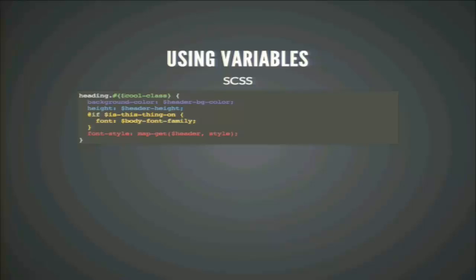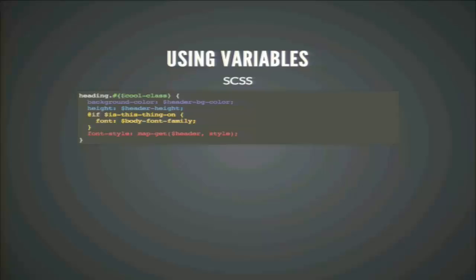But you may want to use it as an actual class name in your selector. So you can use interpolation for that. That's just using the hash and the curly brackets to say, I want to use the literal value and stick it in there. You can also use that for the actual attribute as well. So maybe that pool class is color, so I could put background dash and then my interpolation for the word color.